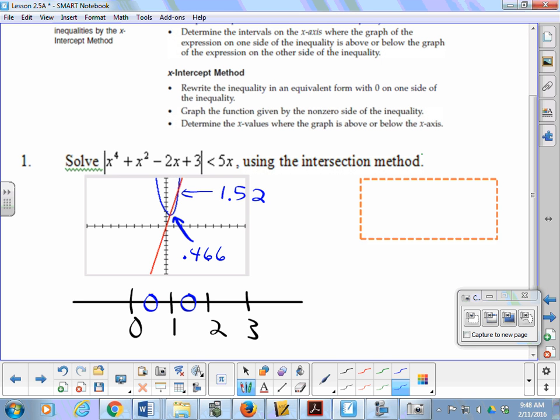So the question is, when is the absolute value part, the left side, less than the right side? So I'm looking for when the curved line is bigger or the straight line is bigger. Okay, the straight line is bigger. So is the straight line bigger between those 2 points or outside of them?